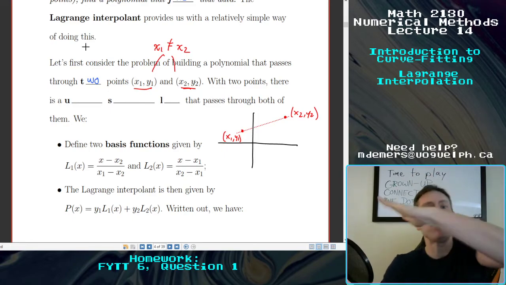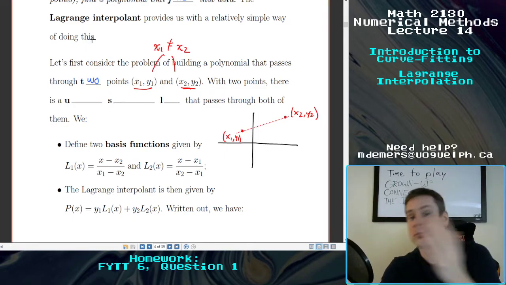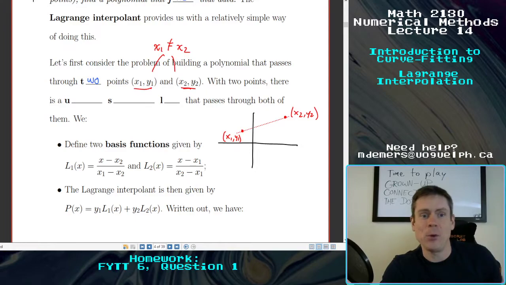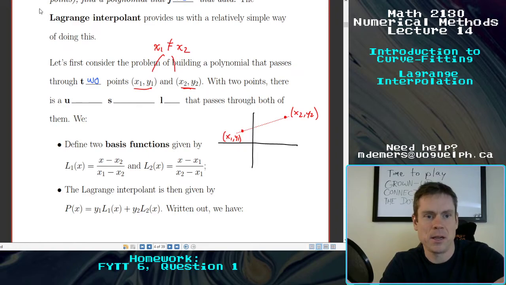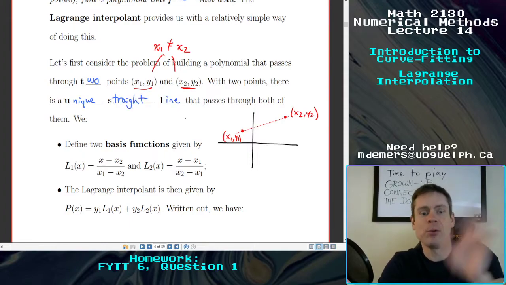There's exactly one straight line, which is a first degree polynomial that does the trick. A unique straight line passes through both of those points.